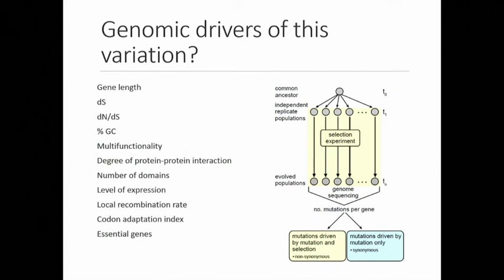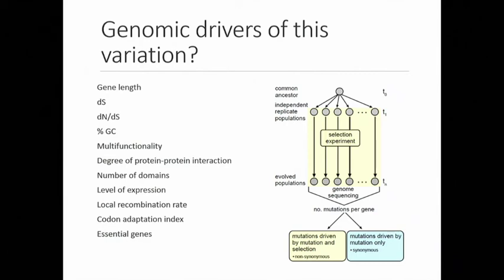We had dS and dN/dS values that we calculated. So this is looking at the rate of synonymous mutation in a particular gene across different species, as well as the ratio of non-synonymous to synonymous mutations.